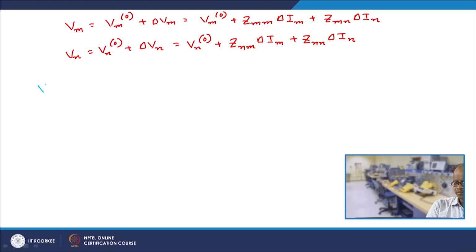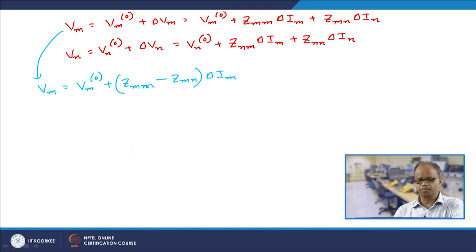So, we write that Vm is equal to, from here, Vm0 plus Zmm minus Zmn into delta Im. So, what I have done is simply subtracted Zmn into delta Im.